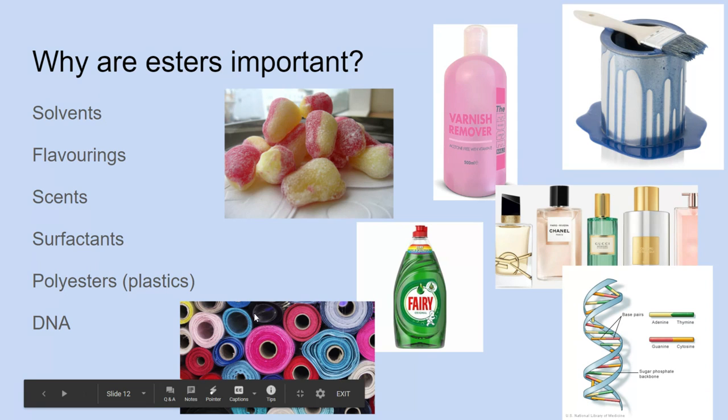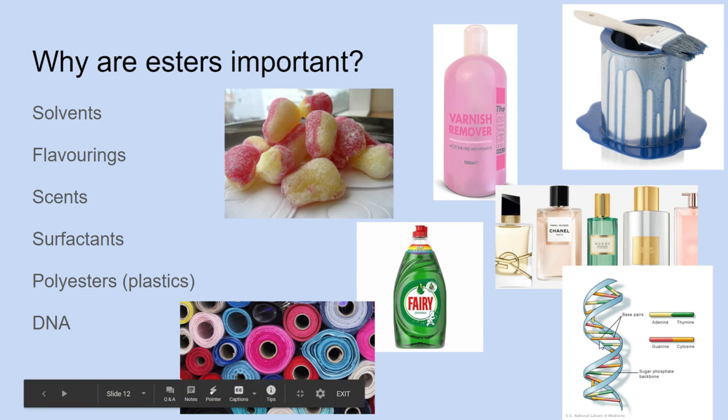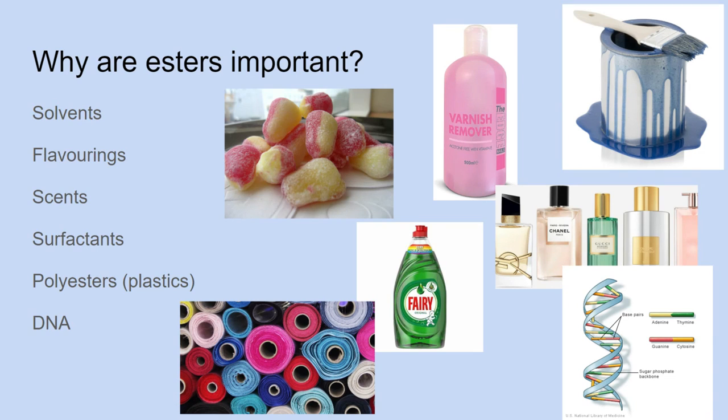Okay, so we've got lots of cloth down here. They're polyesters. And also what makes you, your DNA. That is a polymer. Now the pairs in the middle, your adenine, thymine, guanine and cytosine, those 4 bases will join together with an ester bond. Okay, now the structure of the amino acids you do have to know, which we will go over in one of your extra polymer lessons.